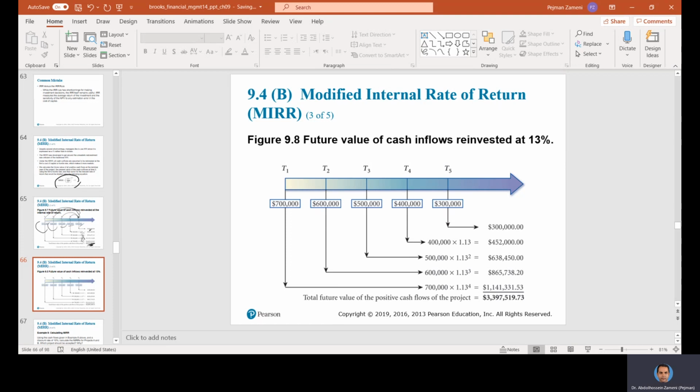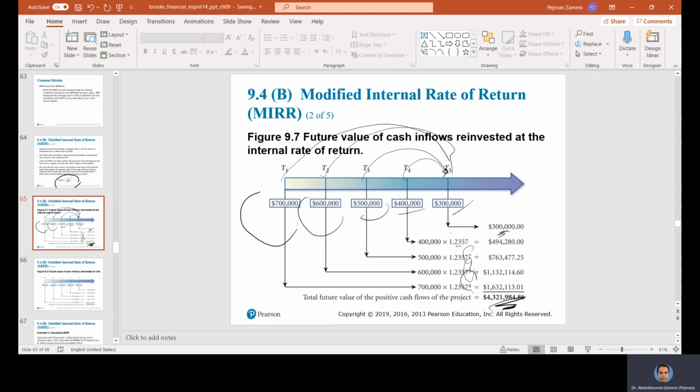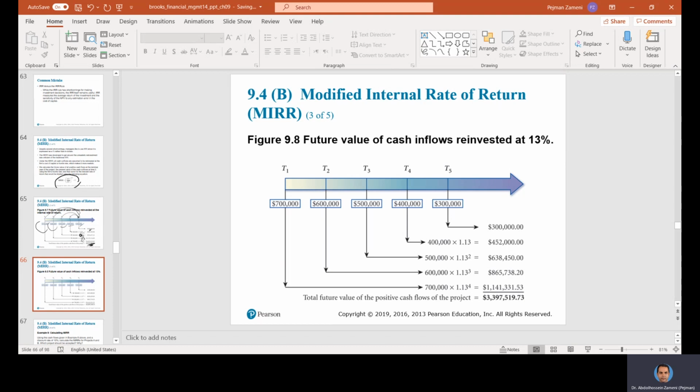And the future value of cash inflows reinvested at 13%, for example. In here the reinvestment was 23% actually, but here we assume that this is 13%. See, we take all these things to the future time.